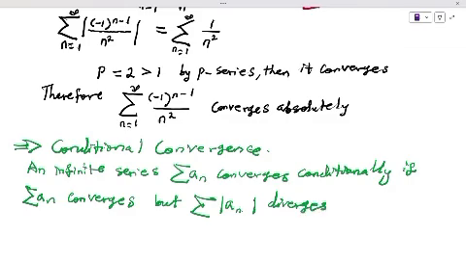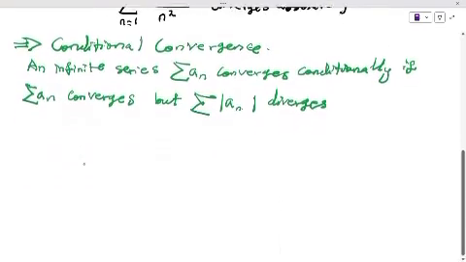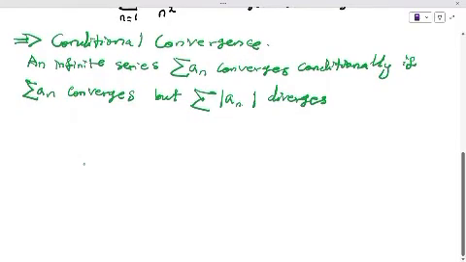If you take a look at it very well, when we talk of absolute convergence, both of them converge. But when we have one converging and the other one diverging, then it is a conditional convergence. Before we proceed, there's another thing you need to know. It is in conditional convergence that we can apply what we call the alternating test.